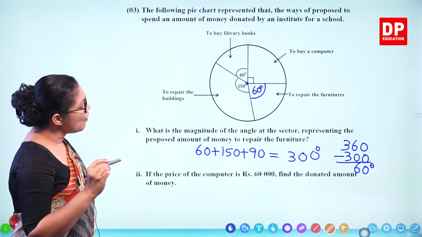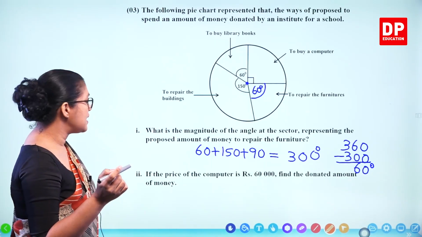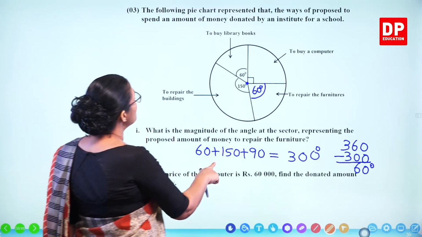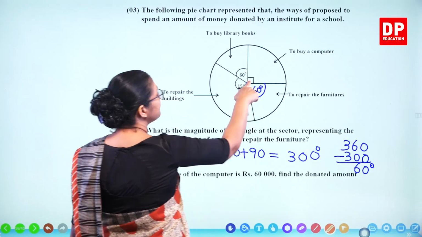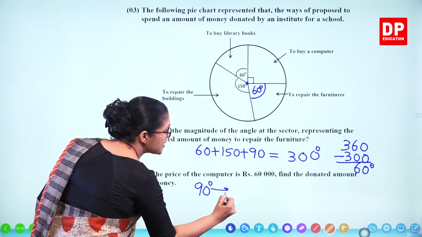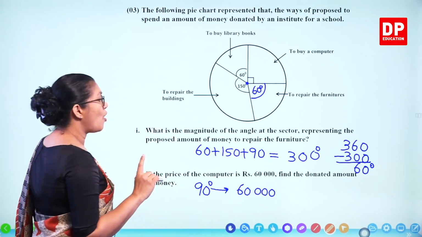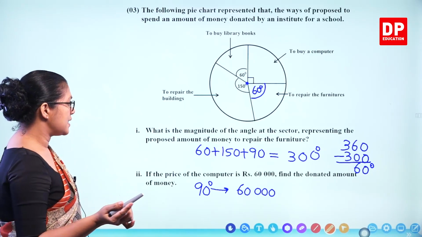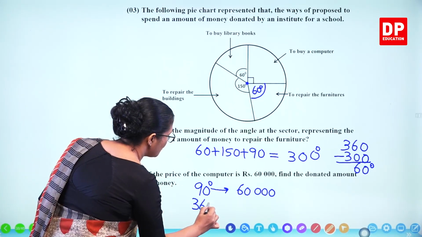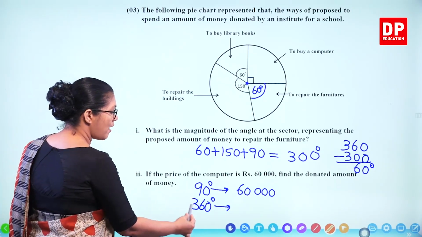If the price of the computer is 60,000 rupees, find the donated amount of money. So computer, which part? This one. A 90-degree angle represents 60,000. Now they want the full amount donated. So that means 360 degrees. 360 means this is multiplied by 4.